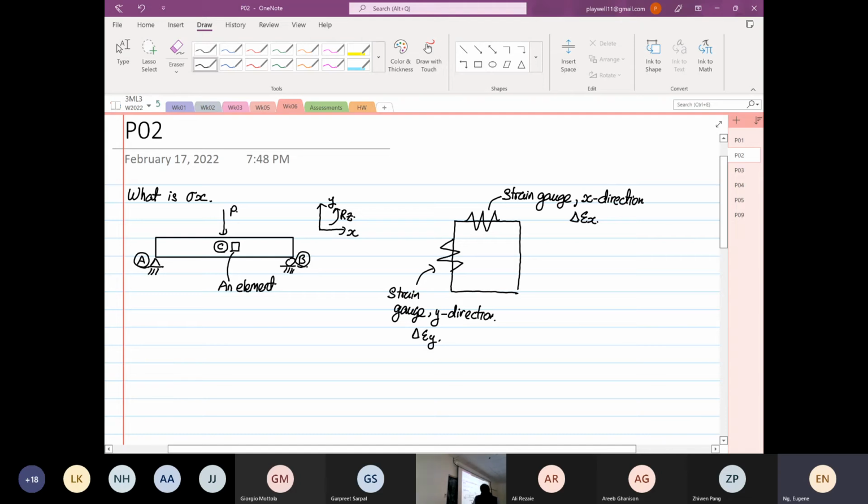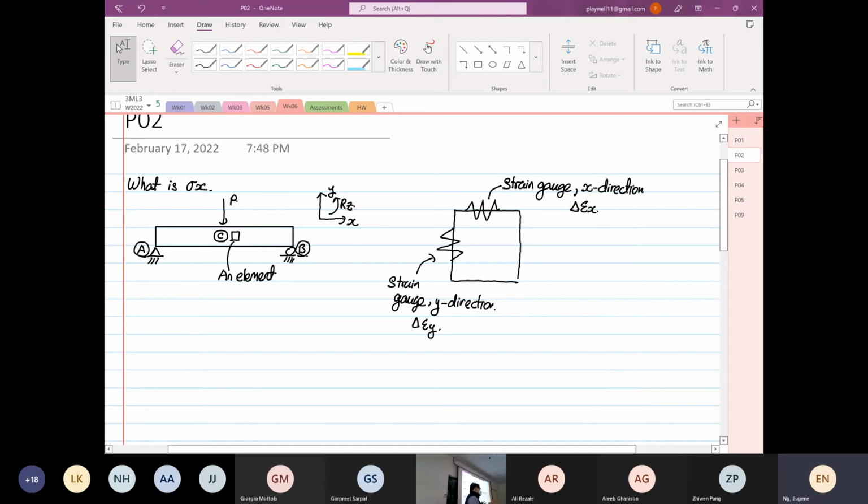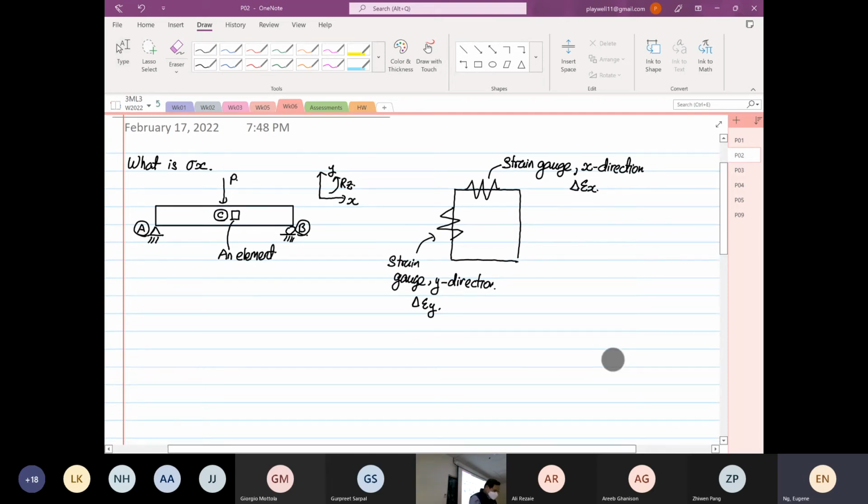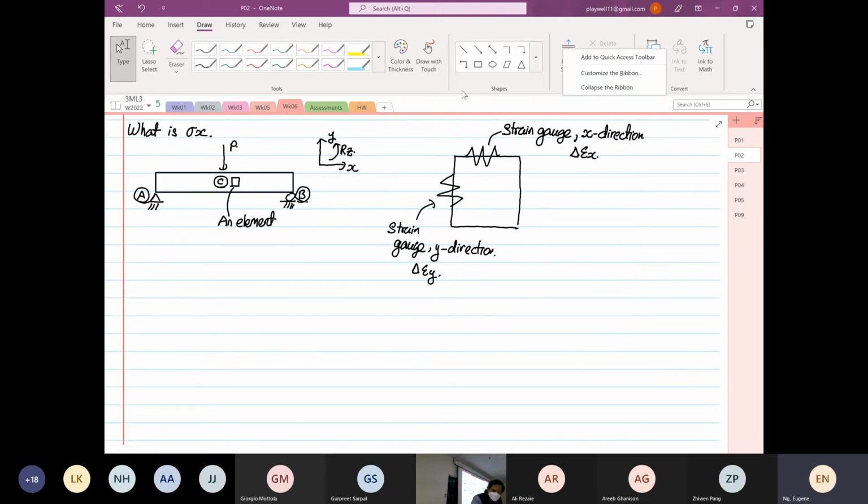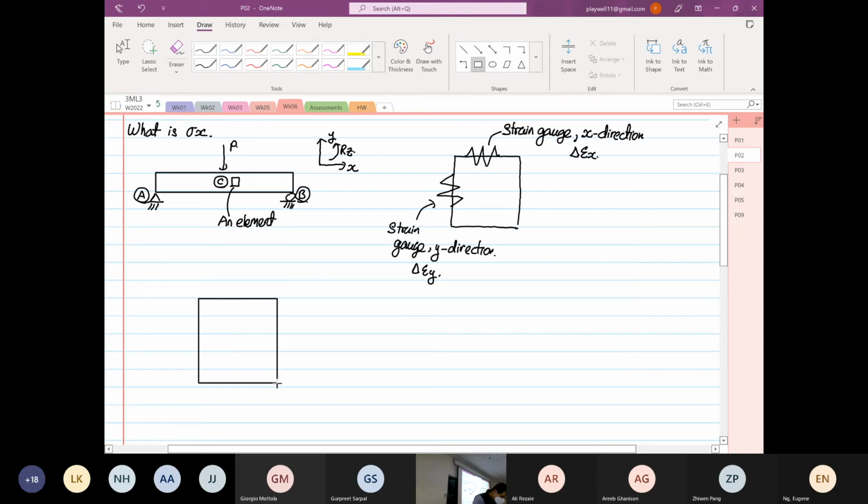So now you know the strain, right? You can relate it to stress. I will not teach that part. I'm just trying to explain to you physically what an element is. So now if I draw an element again, this is the element.